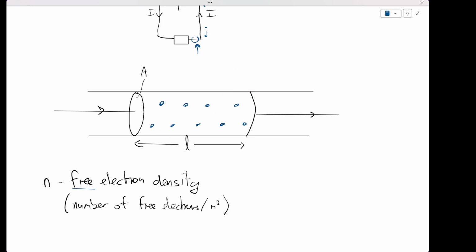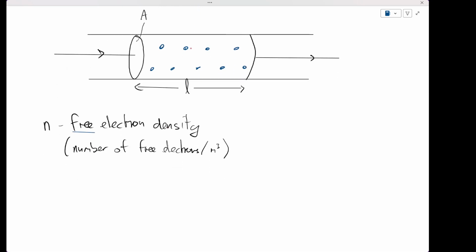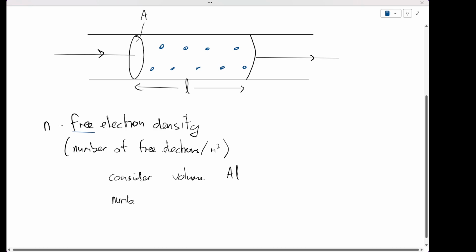Let's have a think about that. The volume I'm considering is AL, so the number of free electrons enclosed is simply that volume times that number density.